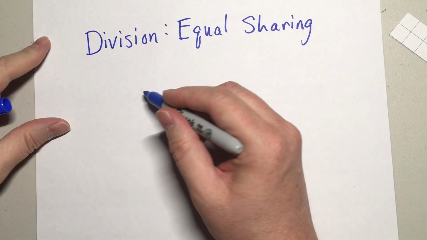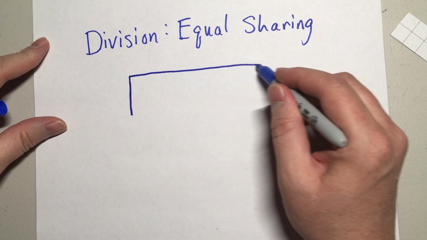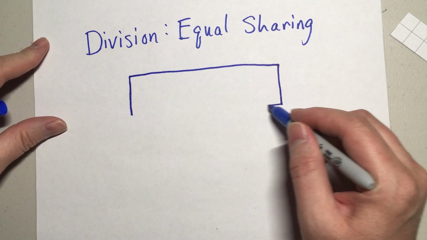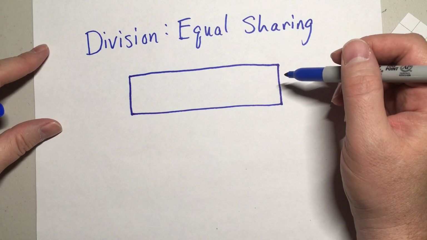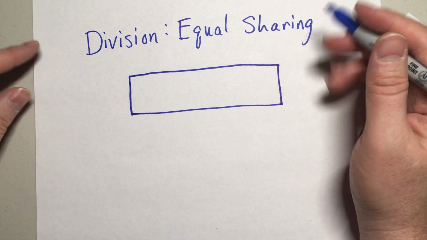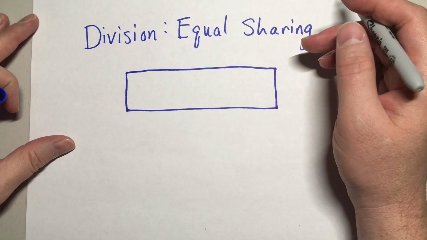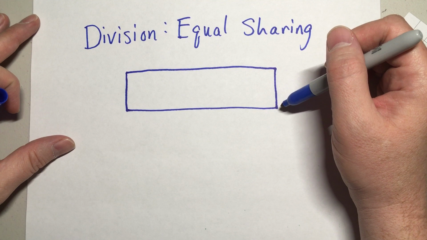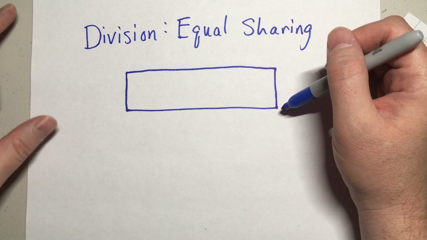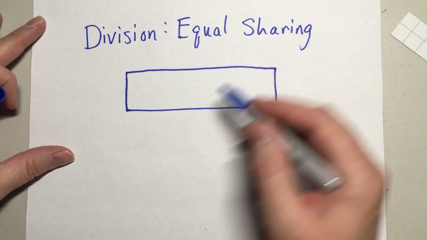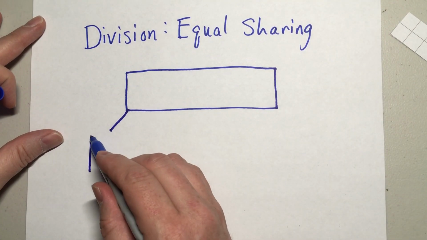Okay, so what we're going to do is put the total here. This is called a sharing mat. In my classroom, and of course, schools are closed right now, but we have what are called sharing mats, and they're things that the kids can use to be able to divide into equal parts.